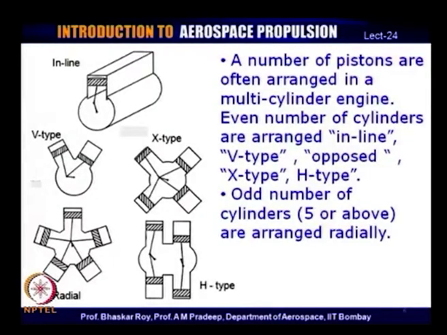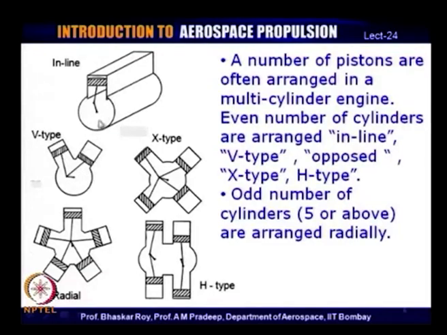Now, as we have seen the number of cylinder arrangements, let us quickly look at it again. You can have cylinders lined up one after another in what is known as the inline version. The other version is where you can put two cylinders in a V formation, and then you can have a V inline.